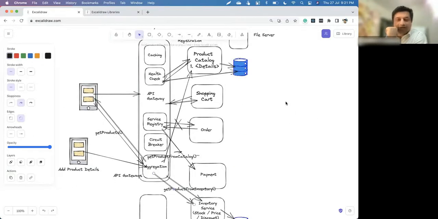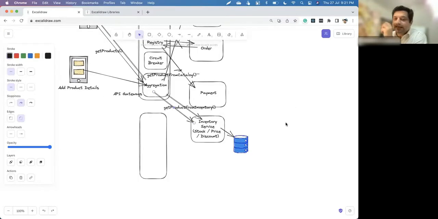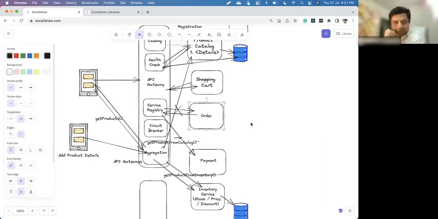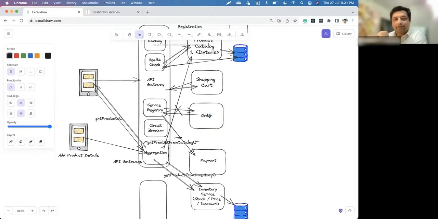Now, one more important thing, one problem you may get here. Assume order service is down, right? So all the orders which are made will get lost, will not be processed, because order processing is done at this microservice.